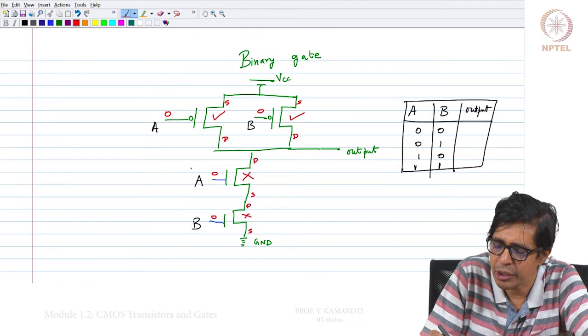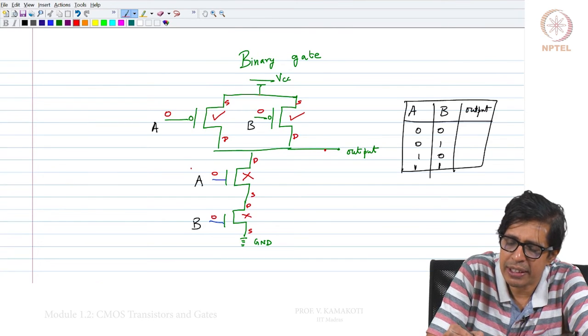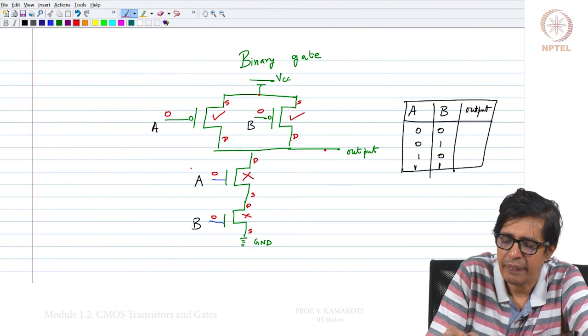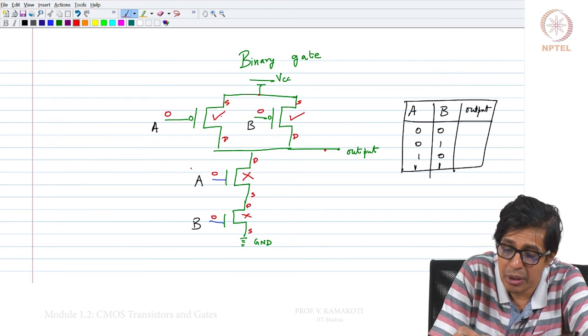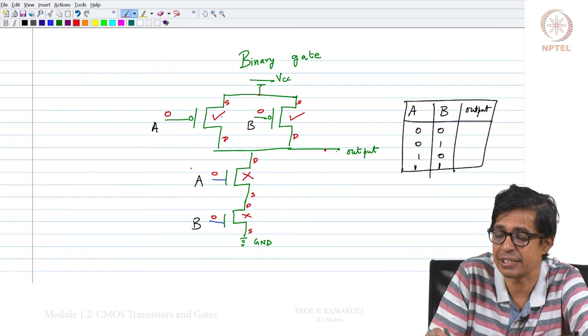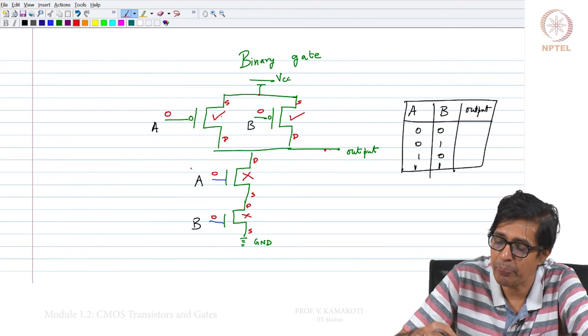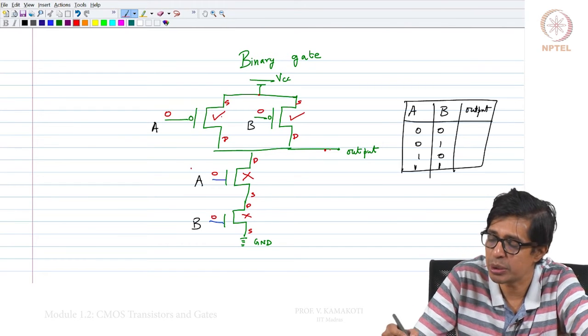So, when I look at this point, since both of them are connected, this point and this point are the same, because for all practical purposes it is behaving like a short. These are open, these are on, that means source and drain are connected. So, when I measure the voltage here, what I see is 1.